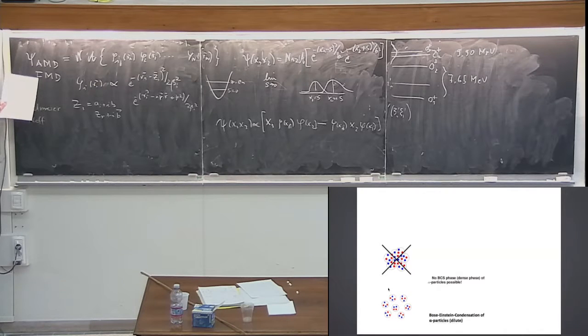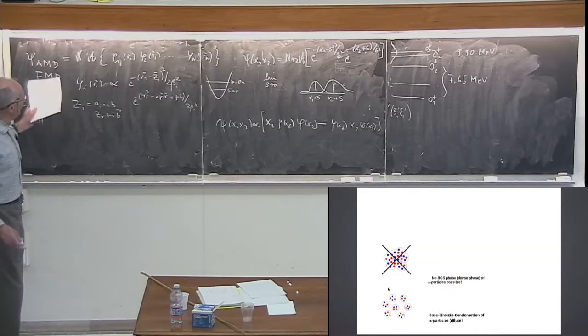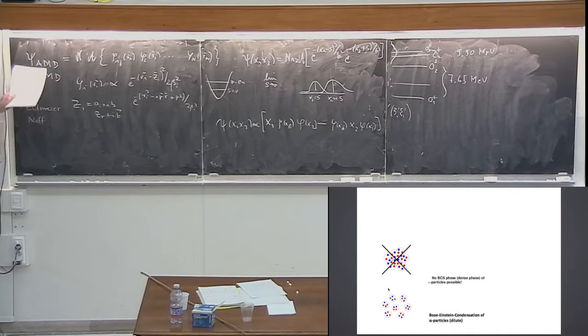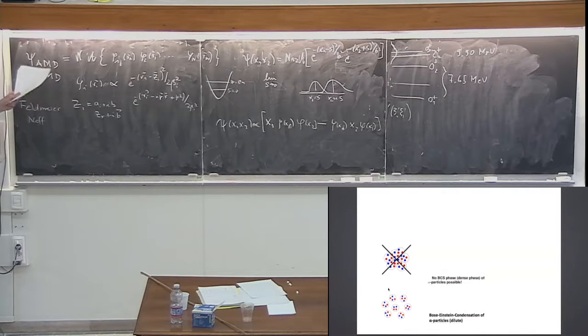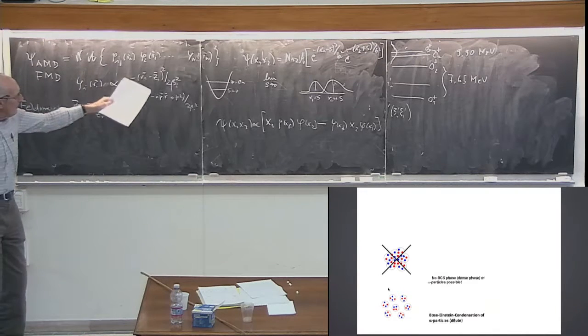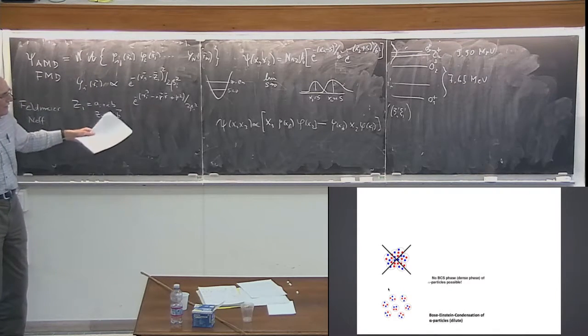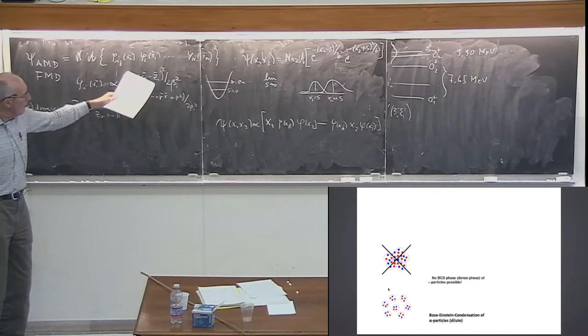Then it's called fermionic molecular dynamics. And you calculate the expectation value of the Hamiltonian with these wave functions, and you minimize the energy with the parameters. In these calculations there is no a priori indication of any alpha particle. All depends on what the minimization of the energy gives you for the parameters.